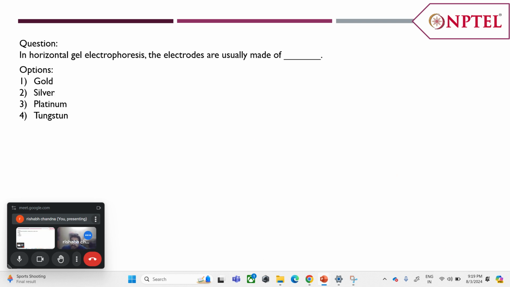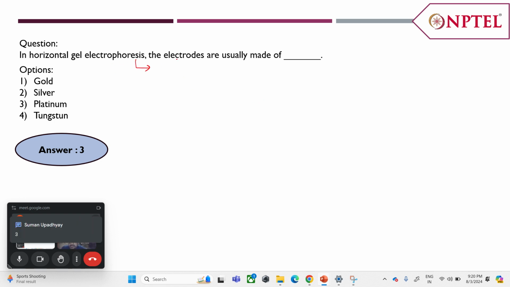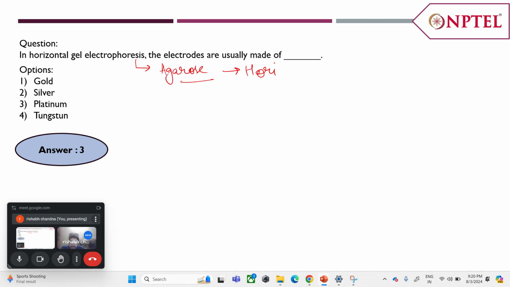In horizontal gel electrophoresis, the electrodes are usually made of gold, silver, platinum, or tungsten. So it's platinum basically. So what happens if we consider horizontal gel electrophoresis? This is agarose mostly, and sometimes we use the horizontal PAGE.